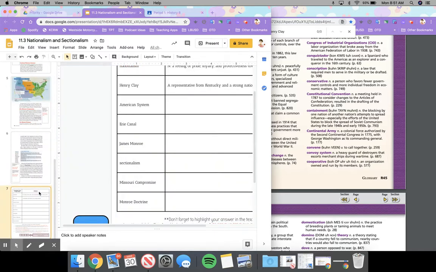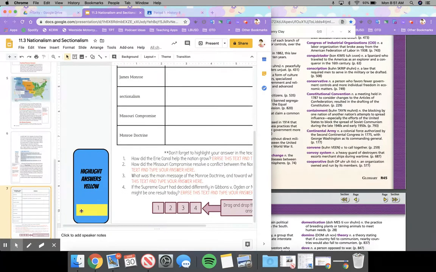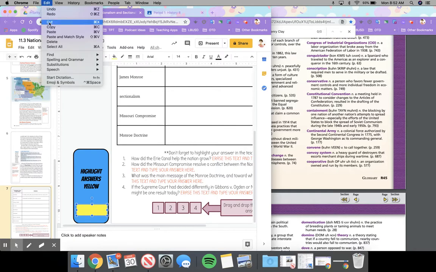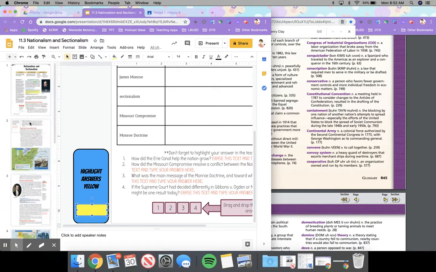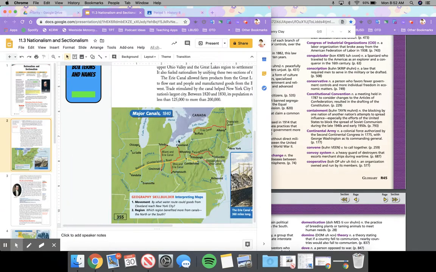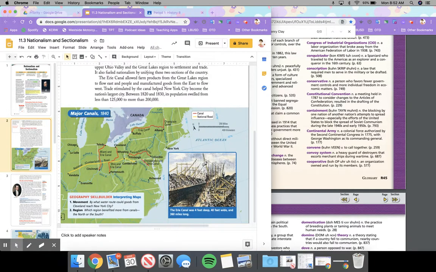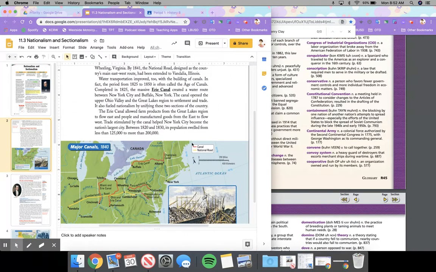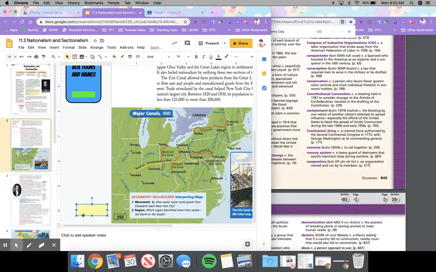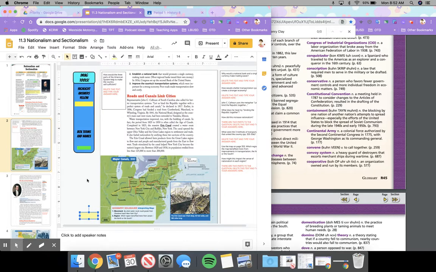Or if I go back to slide number 7, I can click on one, I can Control C or File Copy, and then go back up to that page. Command V. I'm going to make this smaller here so I can see it. And my answer was right up here.